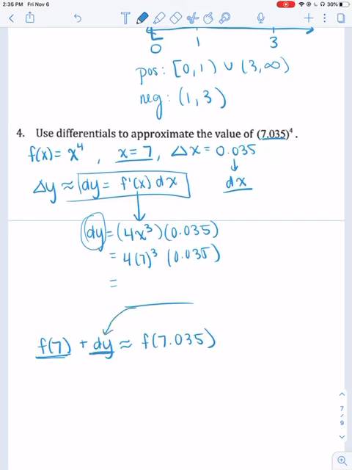Whatever you get here, you add it. And then I think you should end up with 2,449.02. So that's how you do it the differential way. You can certainly do it the tangent line way, and I encourage you to try it that way as well. Okay, let me know if you have any questions.